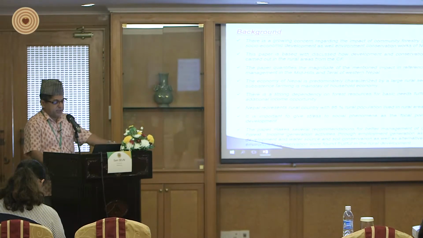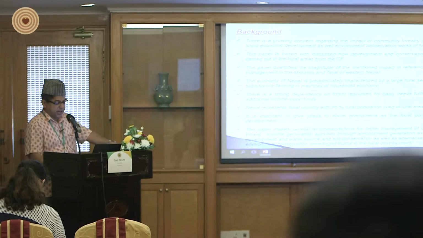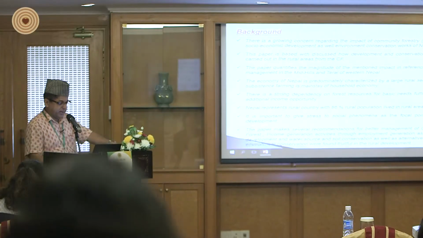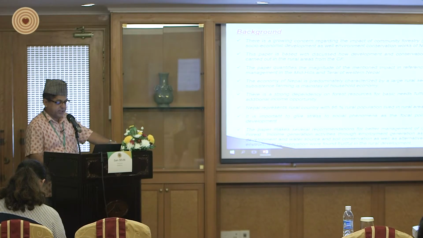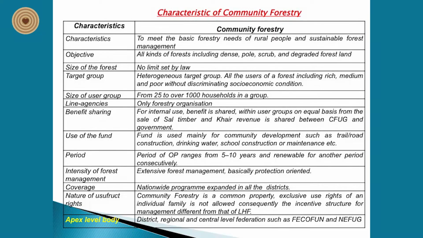Income generation activities through empowerment as economic development, and water resource and soil conservation as well as alternative energy as environmental conservation were found to be characteristics of the community forests. There are 6 types of forests in Nepal. Firstly, national forest and private forest. Under the national forest, there are 6 forests.